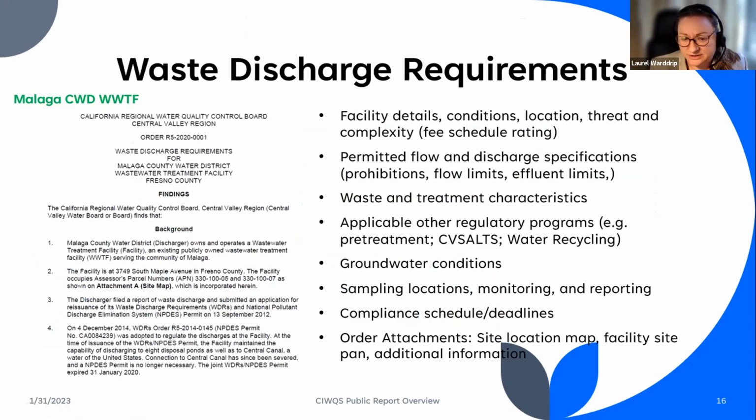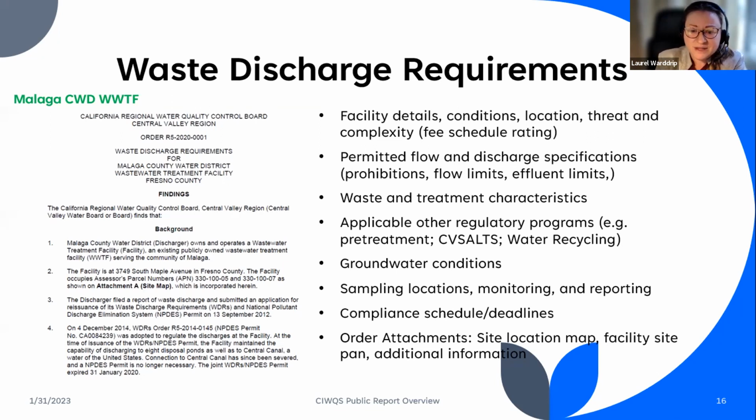Some of the most relevant files, maybe for technical assistance providers in this context, other than drinking water and other things you do TA for, would be maybe the waste discharge requirements. This is where, as Danya mentioned, you can get facility capacity, any permit limitations, where it's located, some of the facility treatment technologies used, and how the wastewater flow moves through the facility, any other regulatory requirements, groundwater conditions.